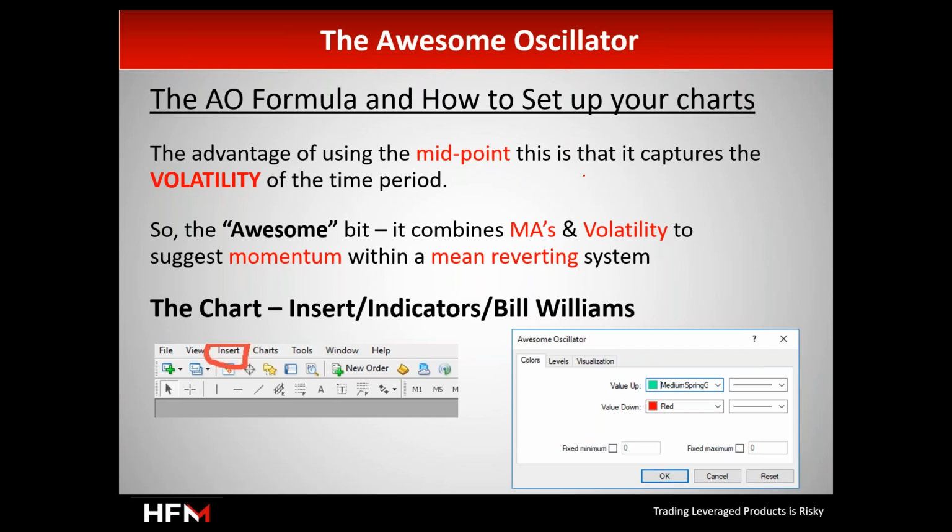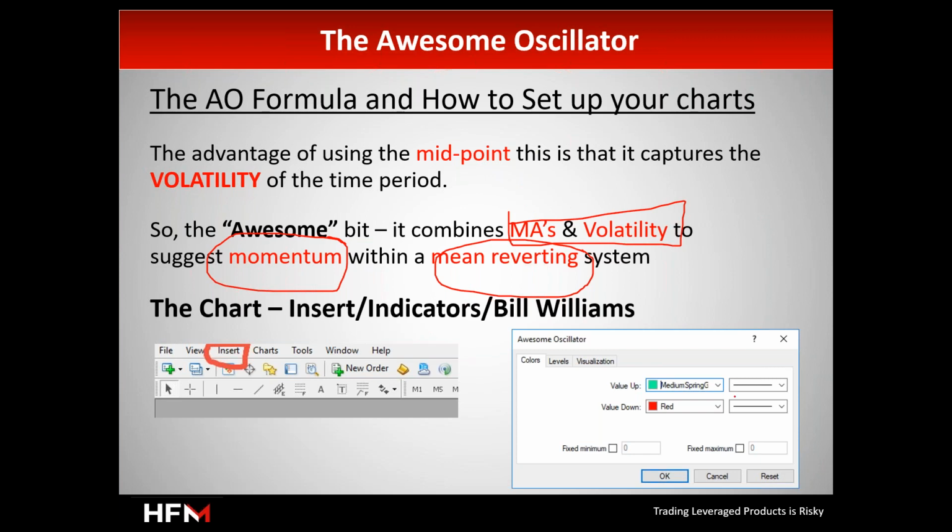For the time being, you should know that since it's an oscillator that combines the moving average and volatility, that's the reason why it's so powerful. It suggests both momentum within a mean reverting system, because it combines two things, moving averages and volatility.